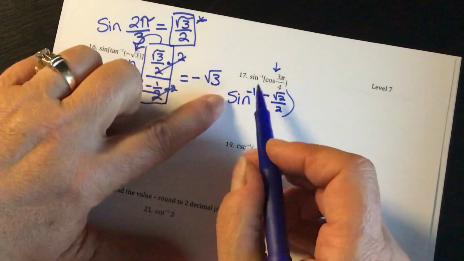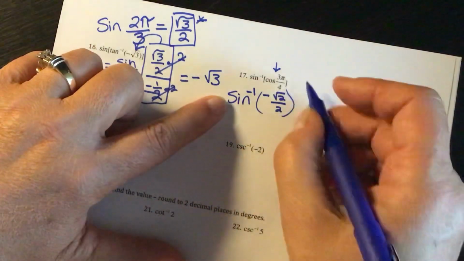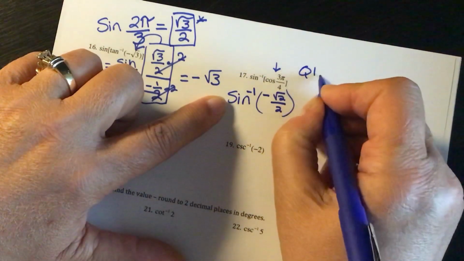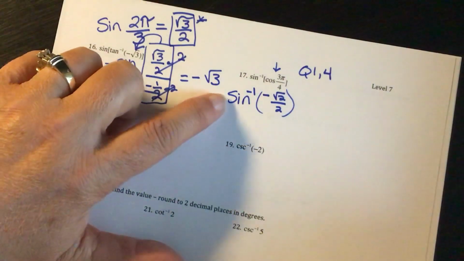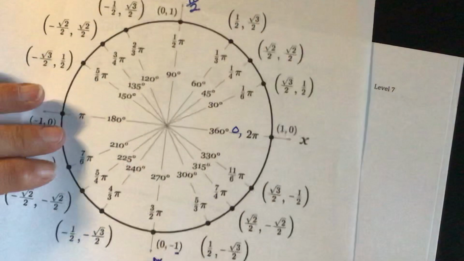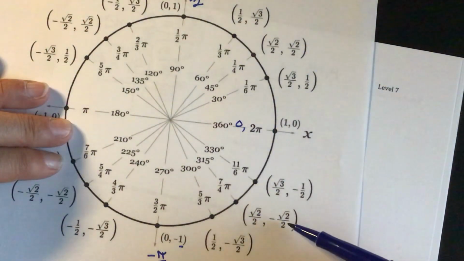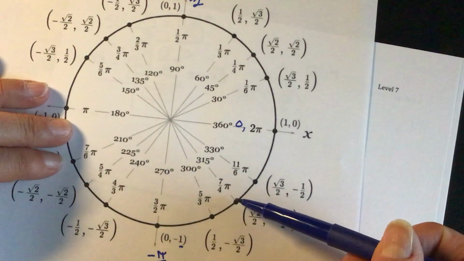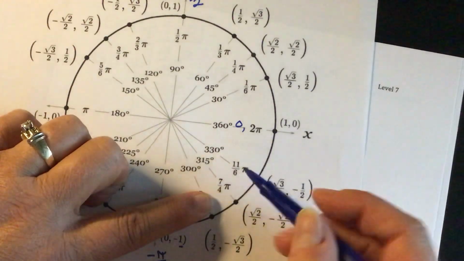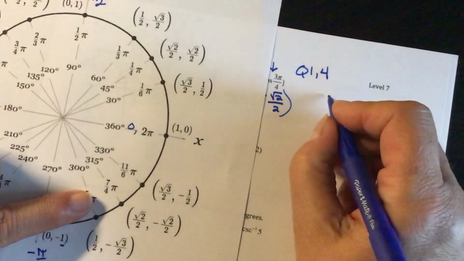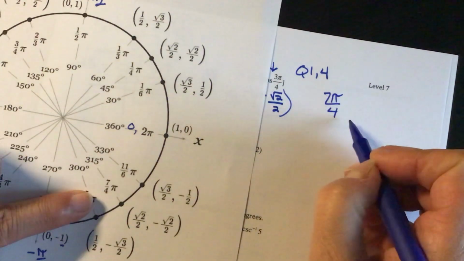Now remember, when we're working with inverses, we've got to work in our domain. So this means I'm going to look in quadrants 1 and 4 for a negative square root of 2 over 2 for sine. So sine of negative square root of 2 over 2 is this one here, which is 7 pi over 4. However, if I wrote 7 pi over 4, this is not in our domain.